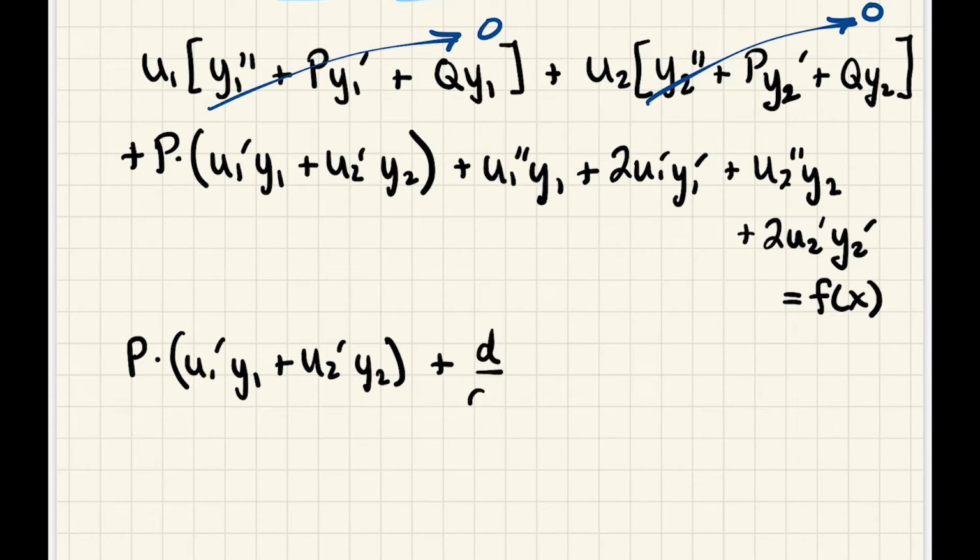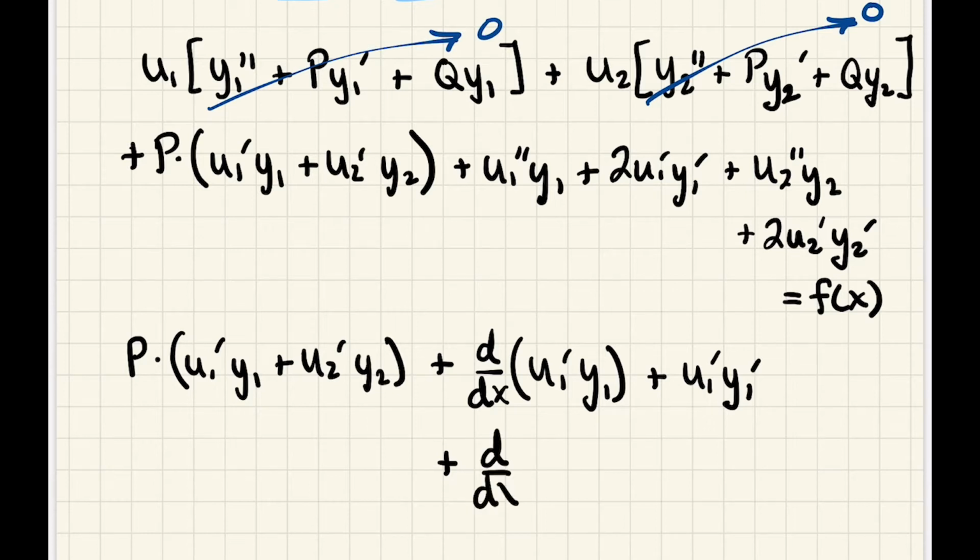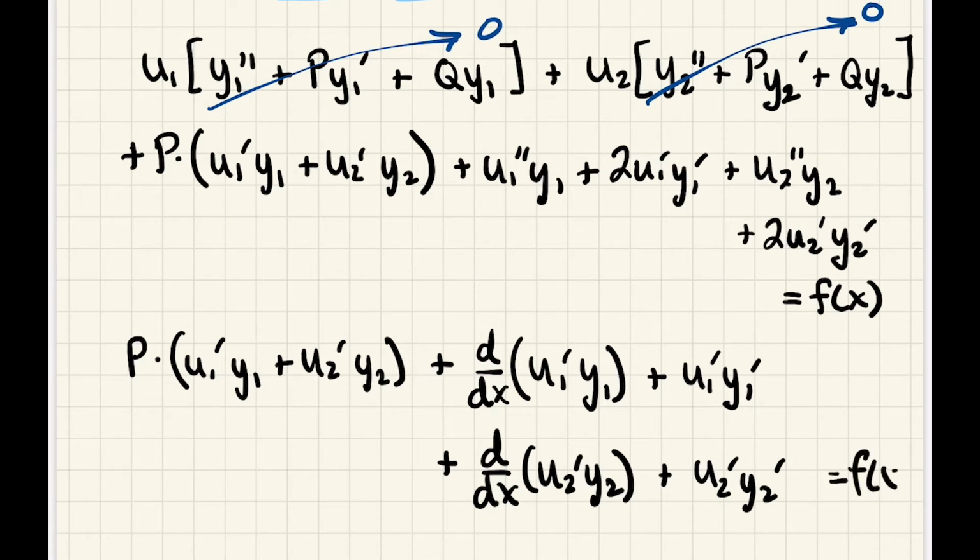So actually, this is the derivative of u1 prime y1 with a leftover u1 prime y1 prime. And we also have the derivative of u2 prime y2 with a leftover u2 prime y2 prime. And of course, this is all equal to f of x.